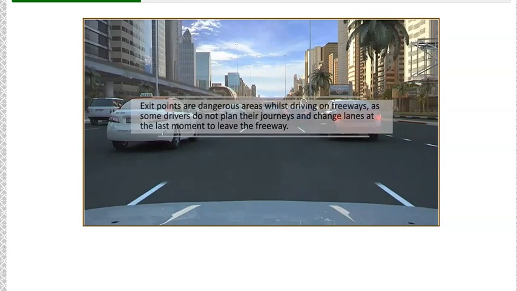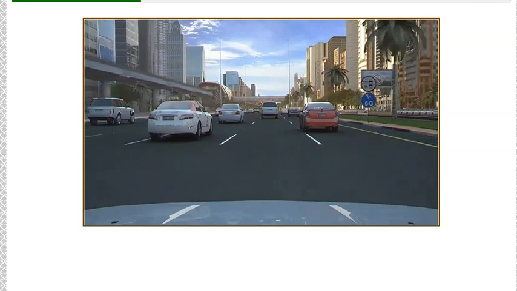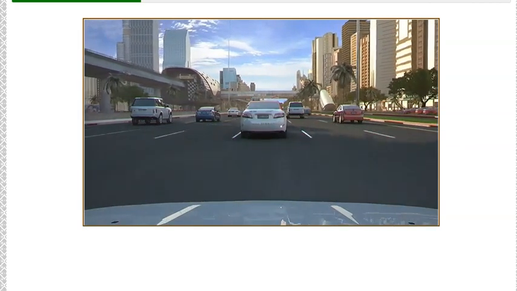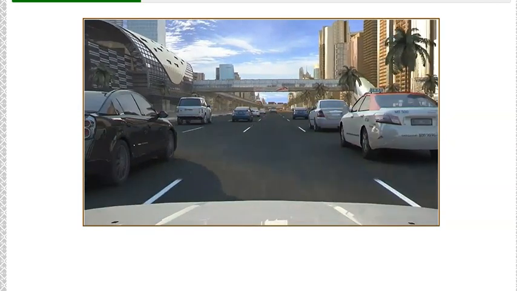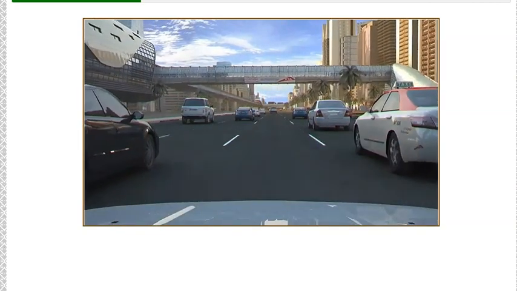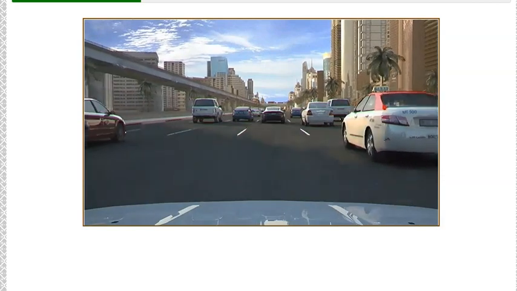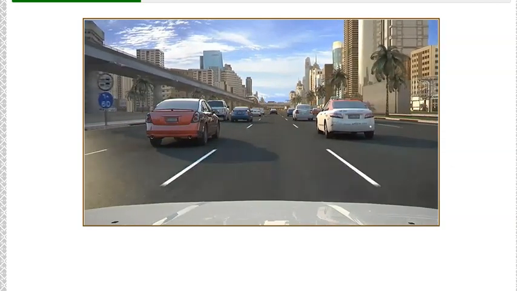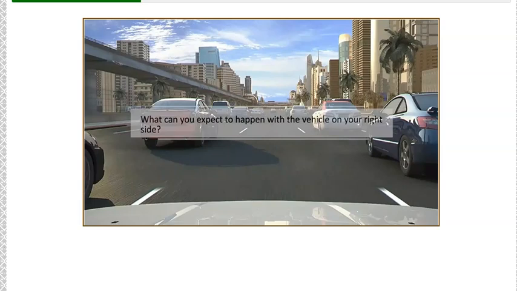Exit points are dangerous areas whilst driving on freeways, as some drivers do not plan their journeys and change lanes at the last moment to leave the freeway. What can you expect to happen with the vehicle on your right side?